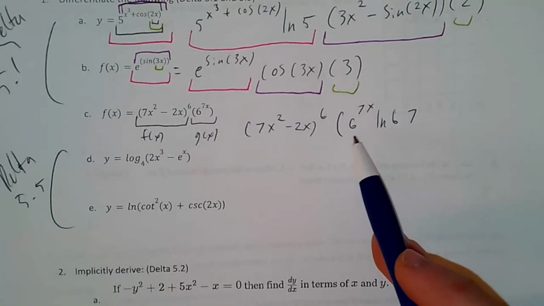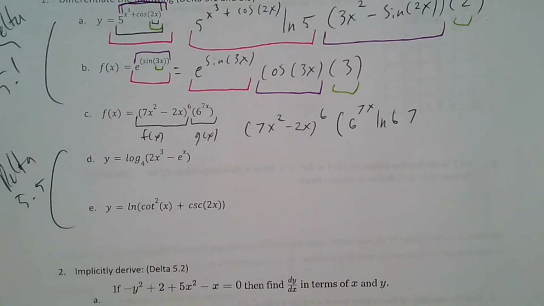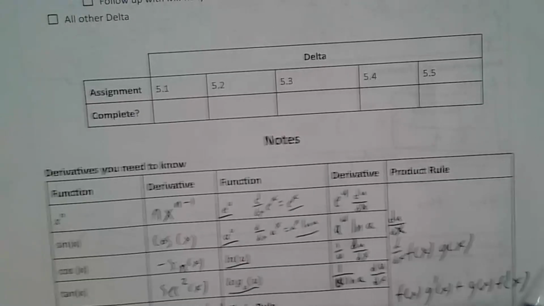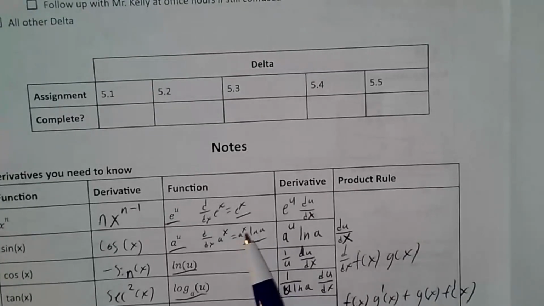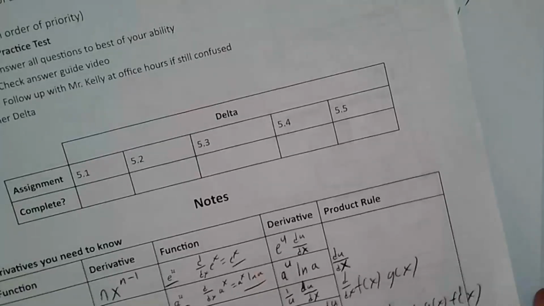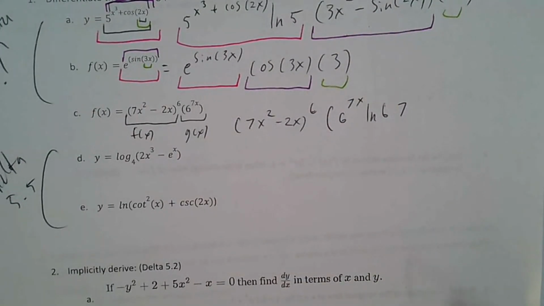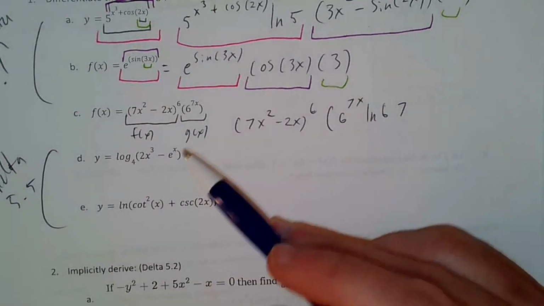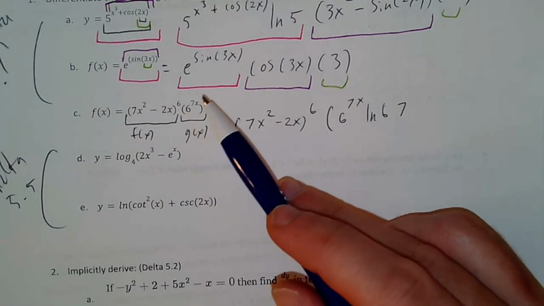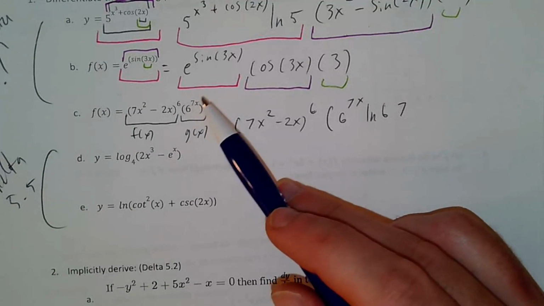So that's using that a to the x rule, right here. This is a to the x ln a, or a to the u ln a times du dx. So 6 to the 7x times ln 6 times the derivative of the exponent.